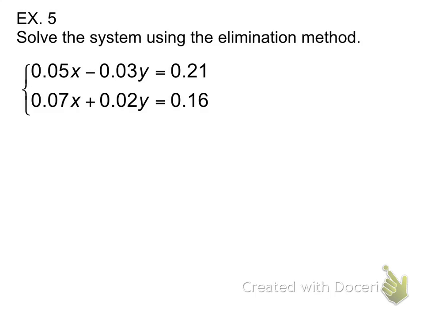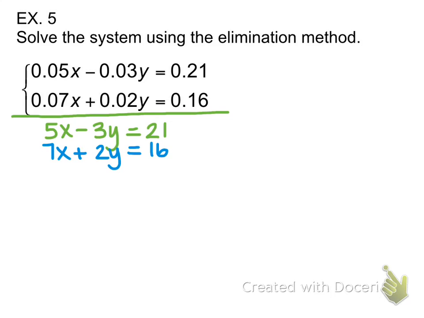When I do that, that's going to give me 5x minus 3y equals 21. The second equation will be 7x plus 2y equals 16. This looks a little less scary because it doesn't have the decimals, but it means the same thing. These are equivalent equations.